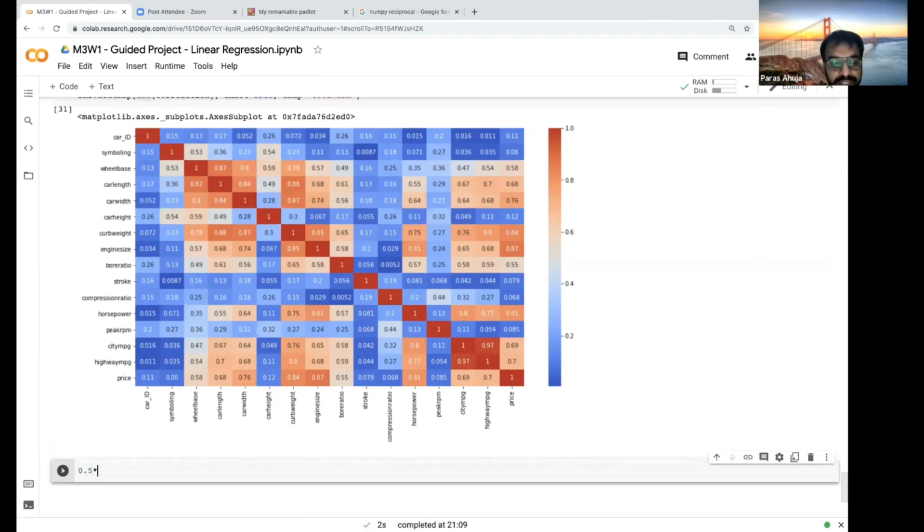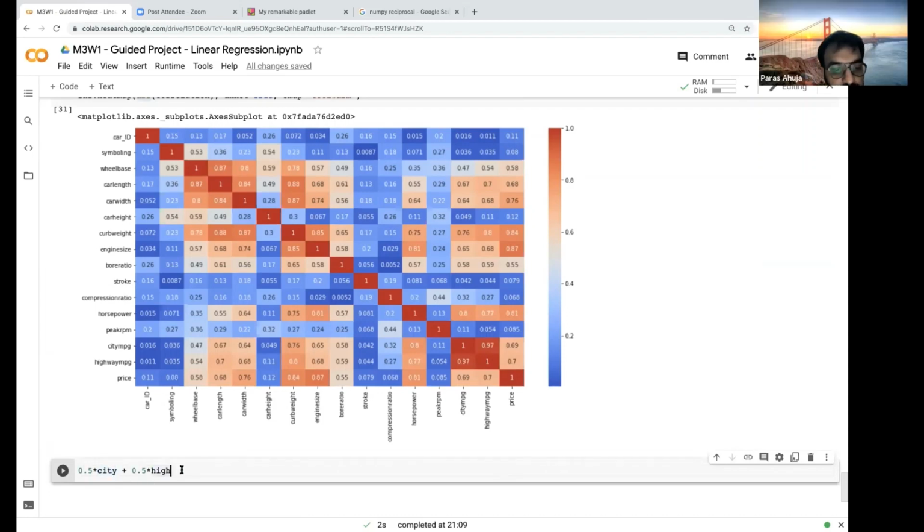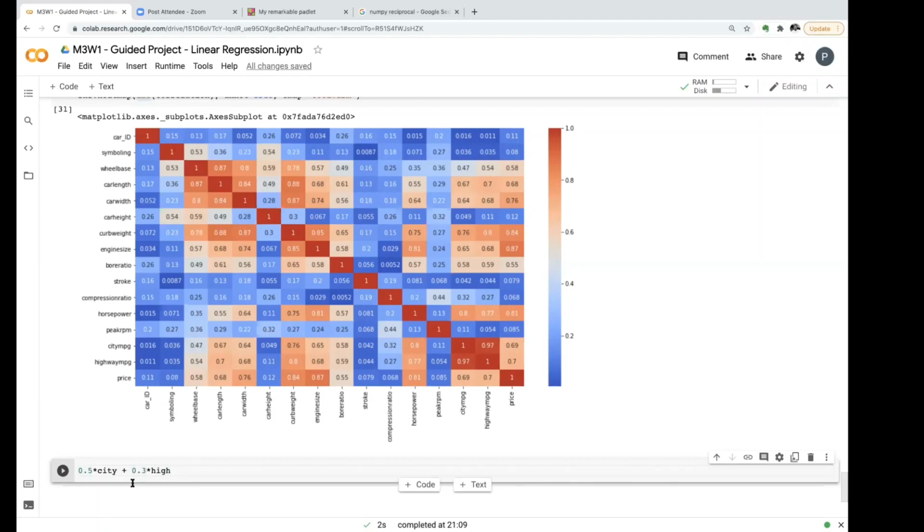Average means 0.5 into city mileage plus 0.5 into highway mileage. But we don't drive equal distances in both. Highways are mostly when you go from one big city to another, so mostly people drive cars inside a city. So maybe I can give less weightage to highway and more weightage to city.